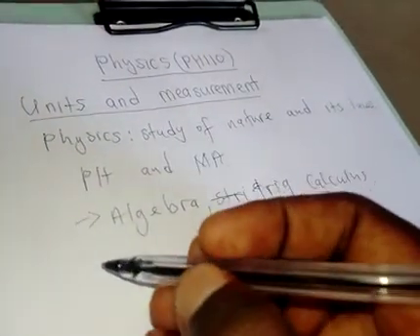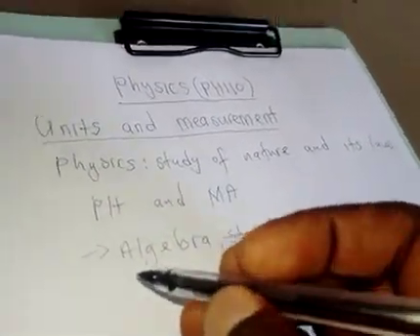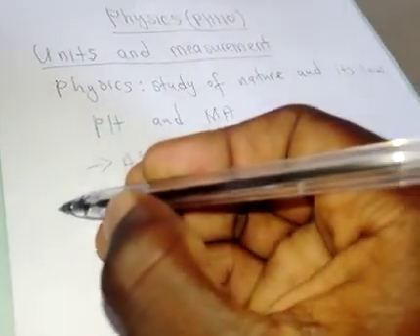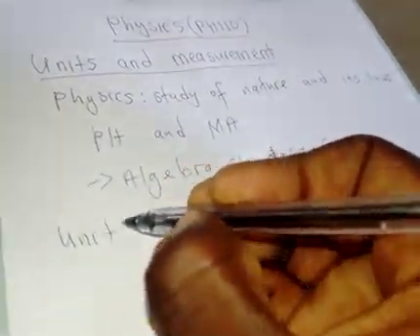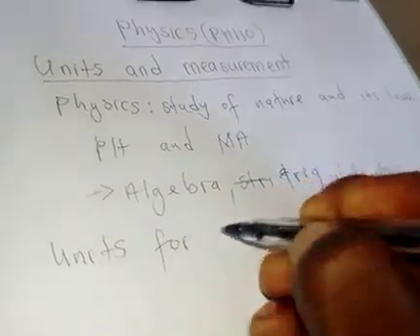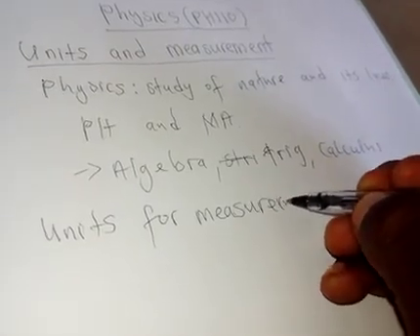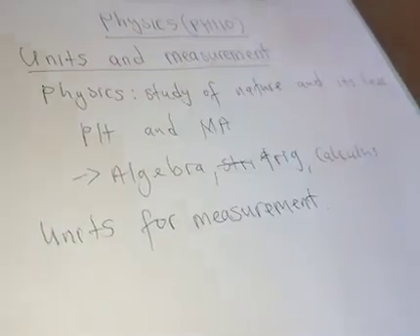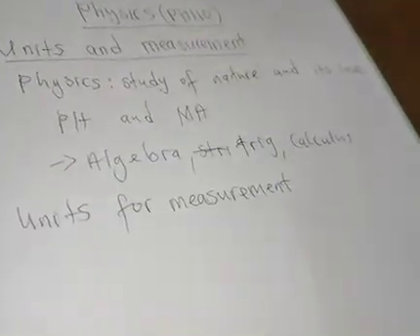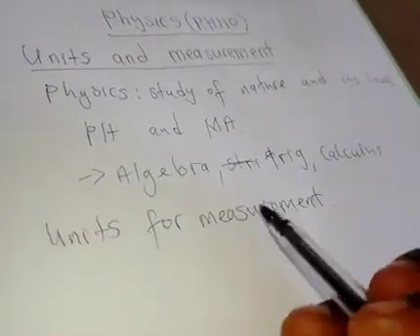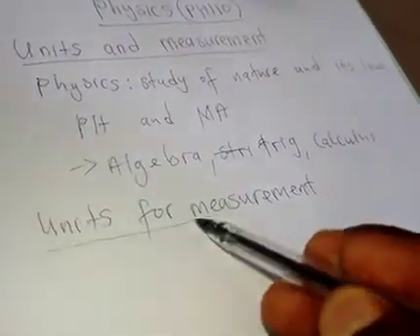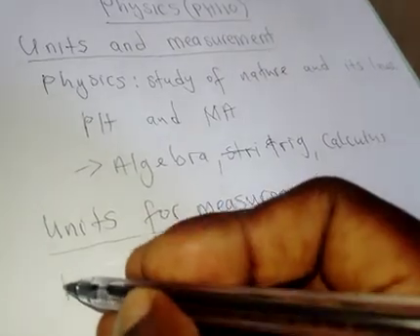Then we should talk about units for measurement, the units that are used for measurement. Under this part, you should know that the laws of physics are expressed in terms of physical quantities.